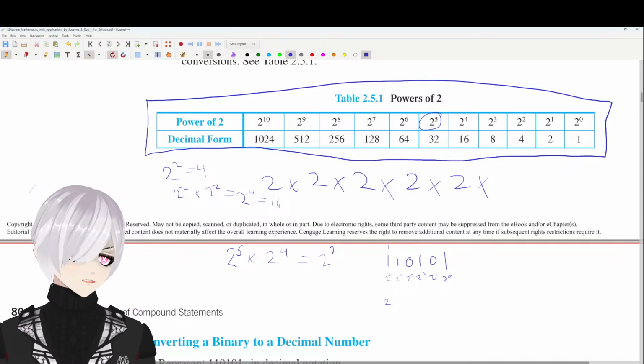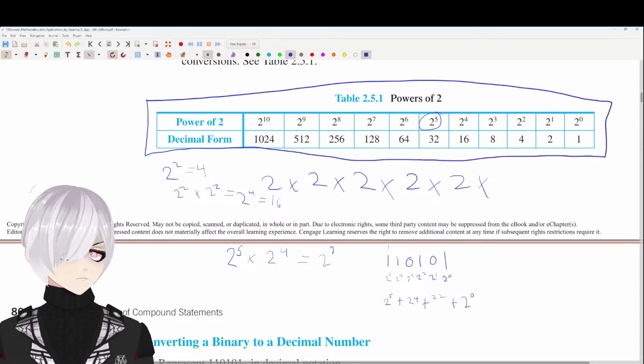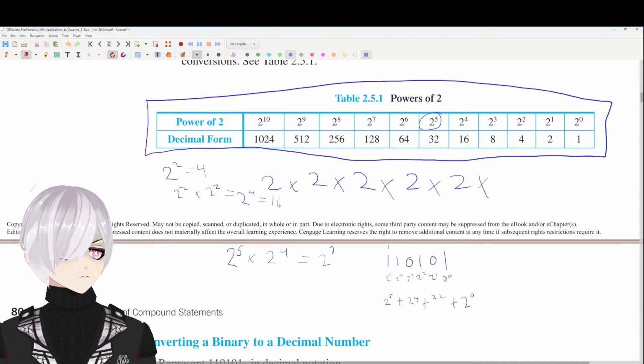In this case, it's not quite the same, right? Because we're adding 2 to the 5th to 2 to the 4th to 2 to the 2nd. And there isn't really a rule for adding numbers that have exponents on them. So we kind of just have to do, what is 2 to the 5th? It's 32, and 2 to the 4th is 16. So you just kind of add those numbers.